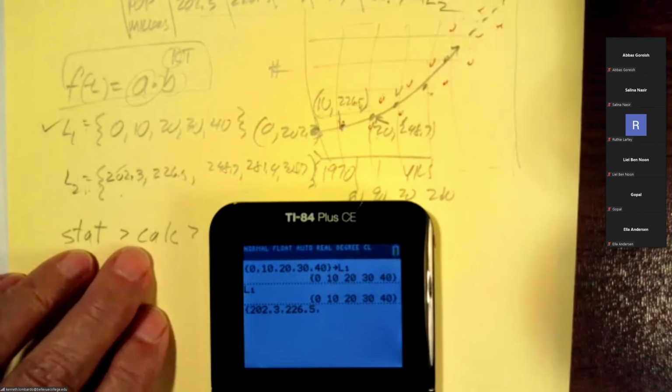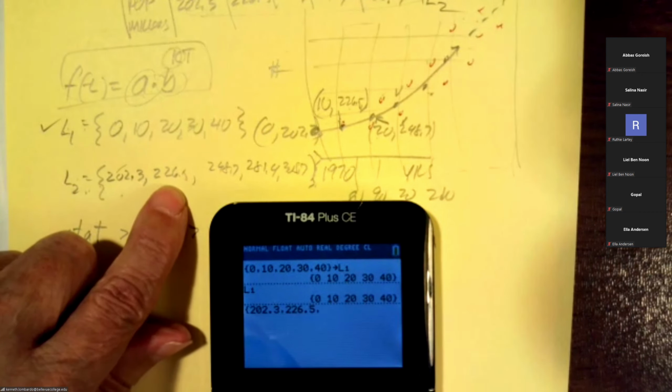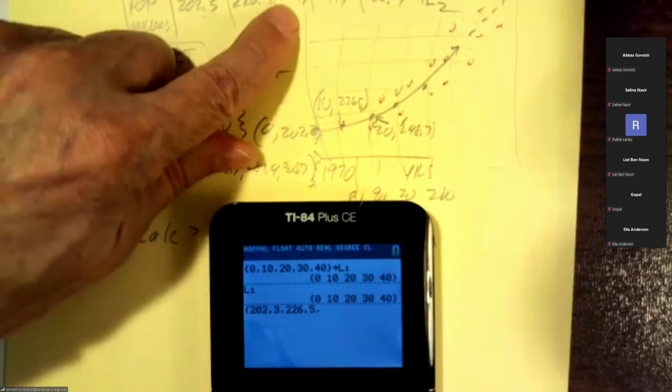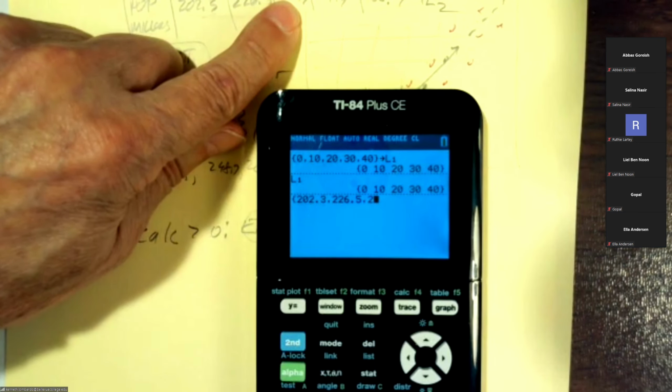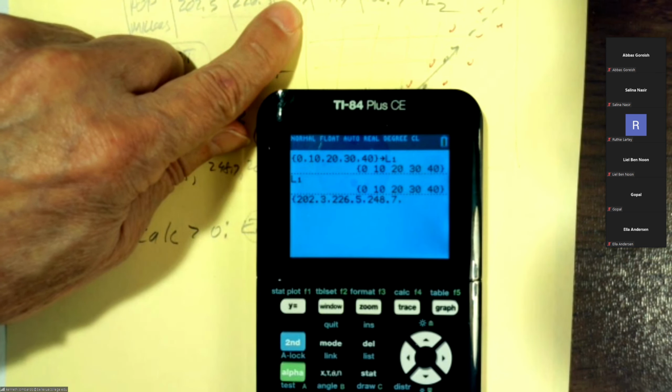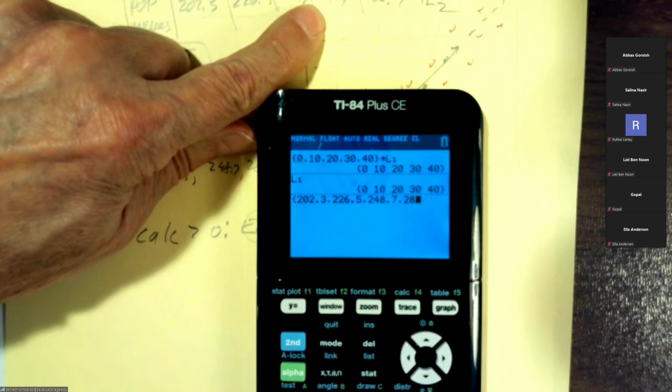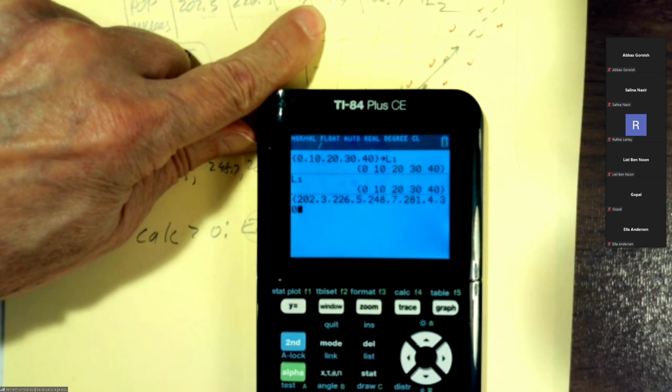So let me continue. 202.3, 226.5. The next value was 248.7. The next value was 281.4. And the last value was 308.7.